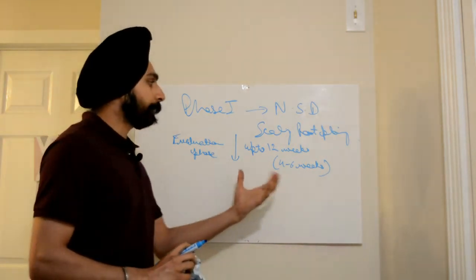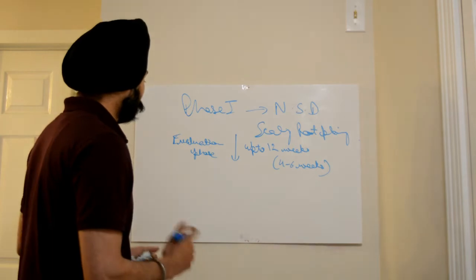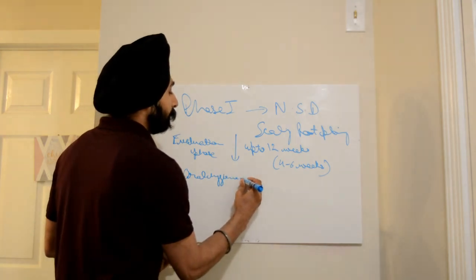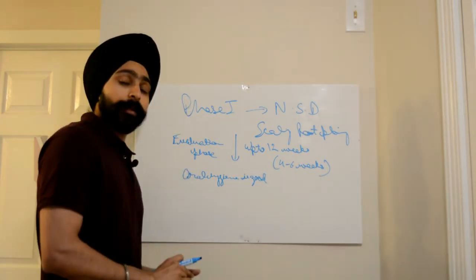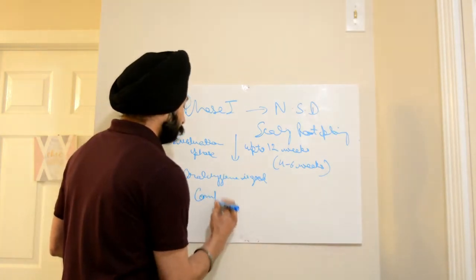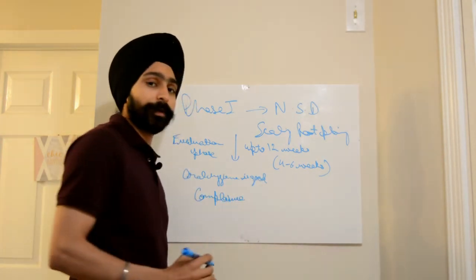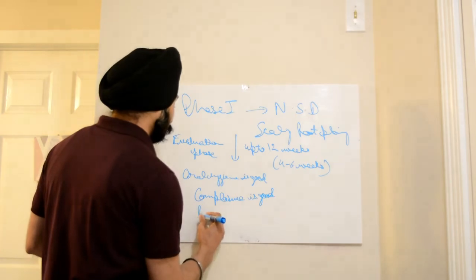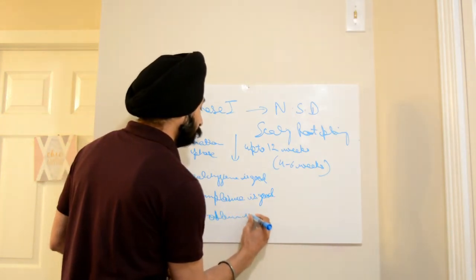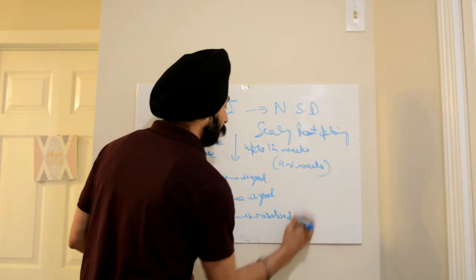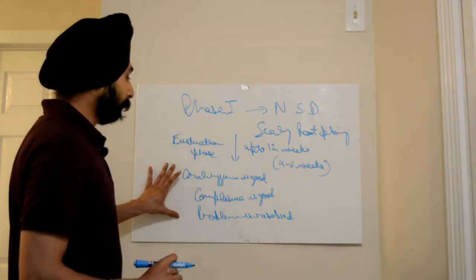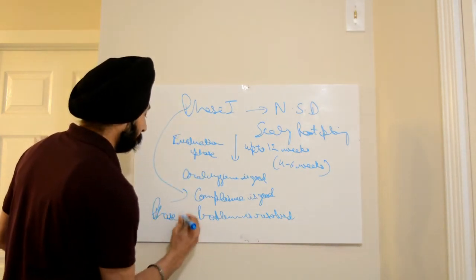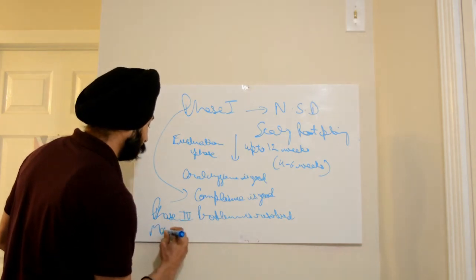Then after 4 or 6 weeks, when the patient came, the dentist saw that he is keeping good oral hygiene, and the compliance of the patient was also good, that the patient was coming to the dentist regularly, and his problem is resolved, that is, the chief complaint is resolved. So when everything is fine, the problem is resolved, the dentist will put the patient into phase 4, that is the maintenance phase.